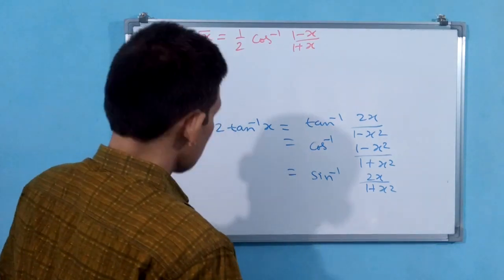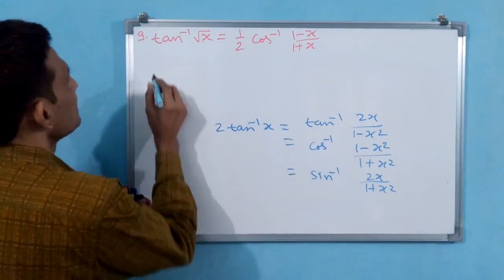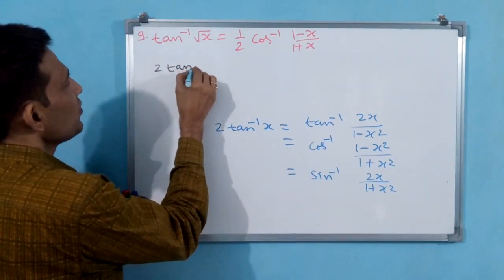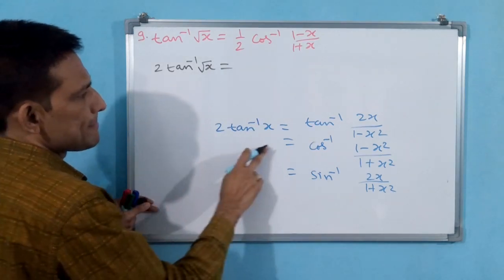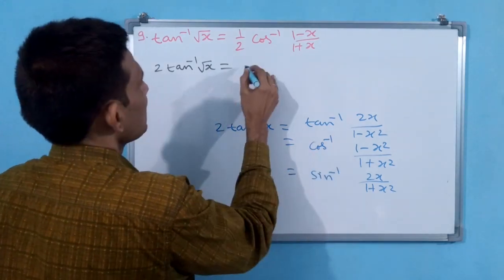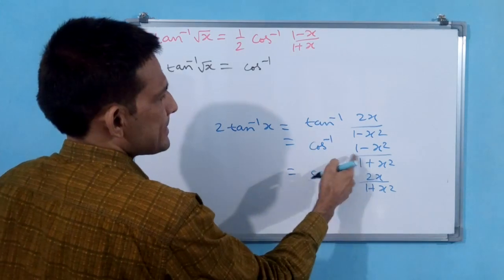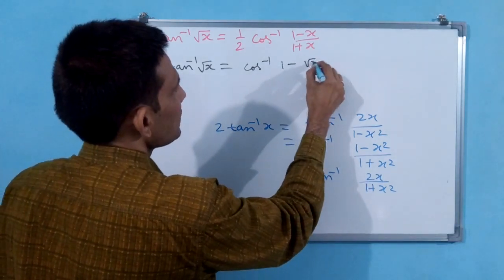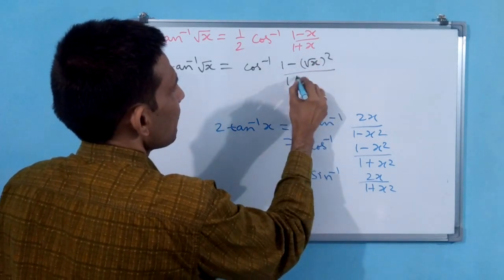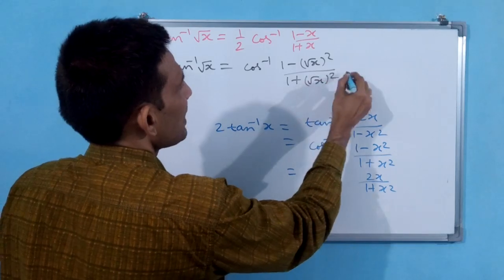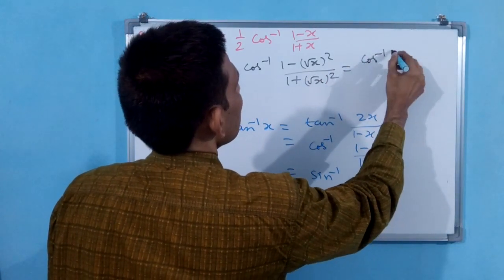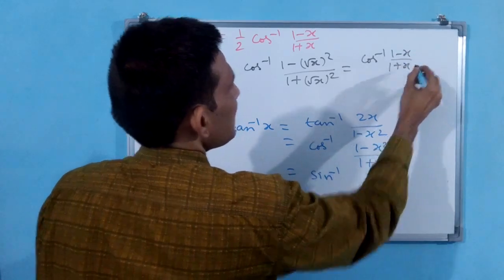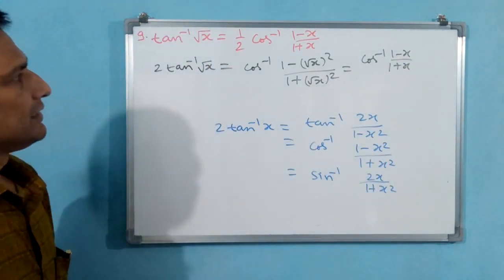What I am writing? 2 tan inverse root x is equal to cos inverse (1 minus root x whole square) by (1 plus root x whole square), that is equal to cos inverse (1 minus x) by (1 plus x). That's all.